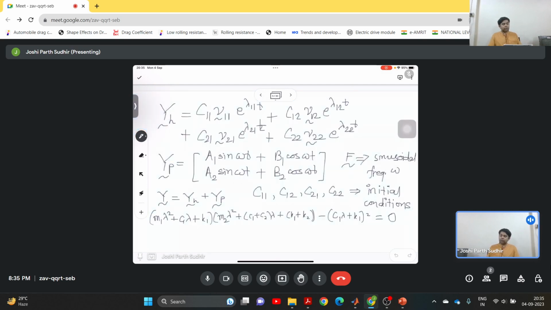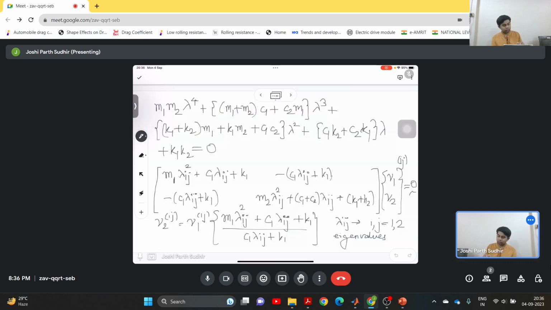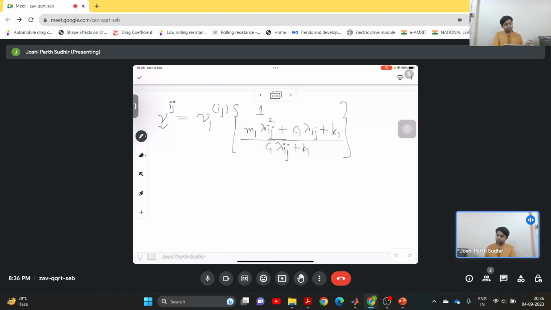So this is how we can write our response as a combination of the response due to each of these solutions, in terms of the eigenvectors v11, v12, v21, and v22.